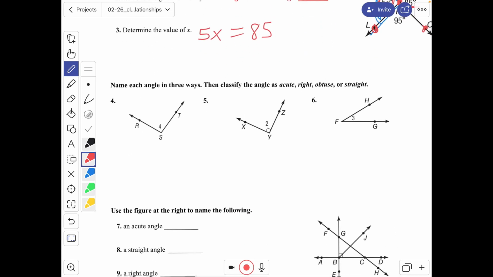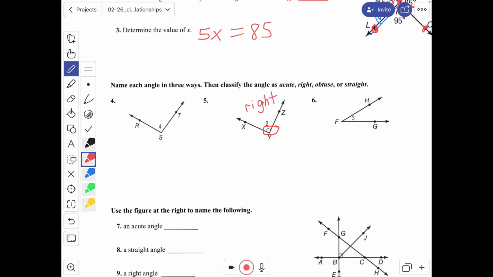Number 4, 5, and 6 says, name each angle in 3 ways. Then classify the angle as acute, right, or obtuse, or straight. Use the corner of your paper to identify them, because unless it has this little mark right here, it's not a right angle. If it has a little square in the corner, that means it's right.